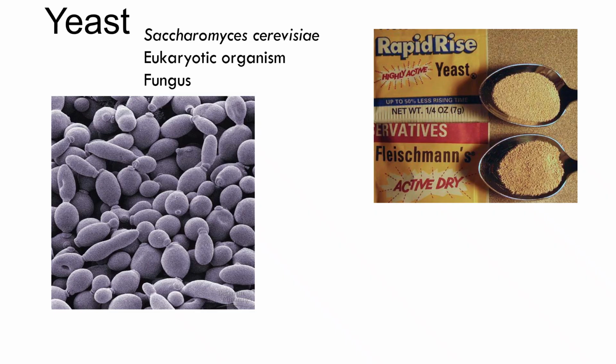If you buy dried yeast in a packet, once you give it some sugar, water, a little bit of warmth, it'll start to reproduce, which is called budding, and you can see the budding in the yeast here in the microscopic picture on the left. As the yeast buds or grows, it does cellular respiration and it emits carbon dioxide, which then forms the holes in the bread as it rises.